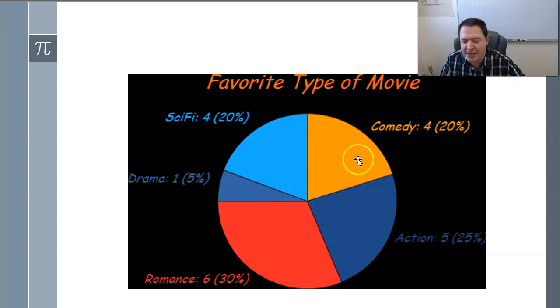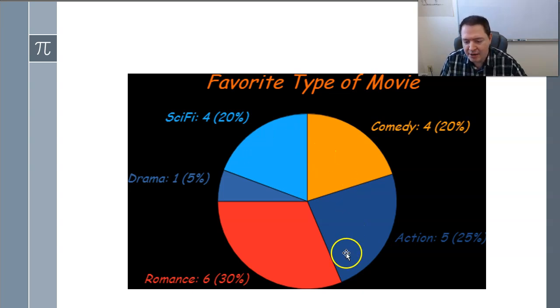So generally speaking, these are represented with percentages. Sometimes you'll see counts, but realistically, we most often see percentages attached with these. So this is just people's favorite type of movie. It says sci-fi, there are 4 answers, which is 20% of people. In this particular case, we have counts and percentages. It's kind of unusual, but it's perfectly fine.